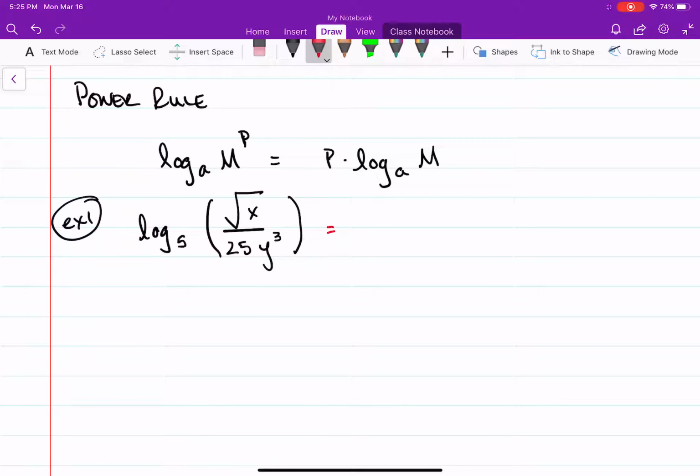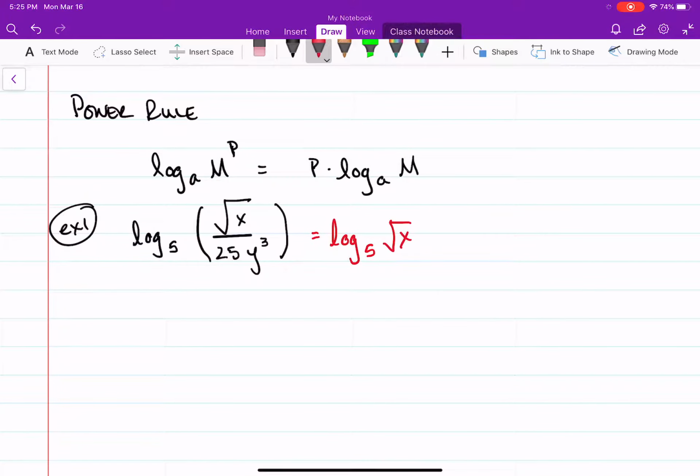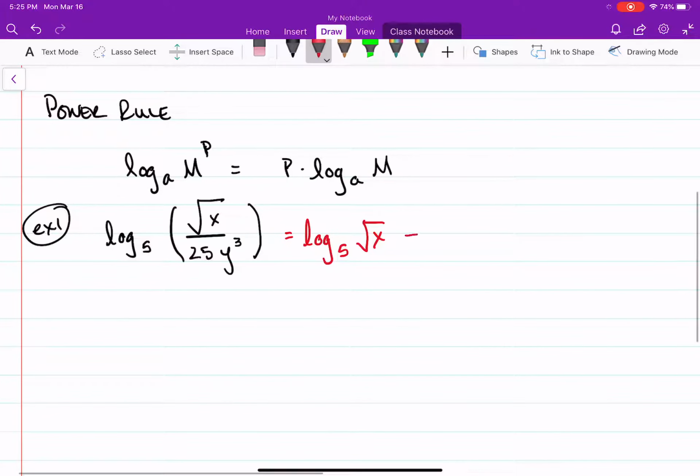Because it's dividing, we would subtract. So I get log base 5 of the square root of x minus, and notice the bottom is multiplication, which would be adding.